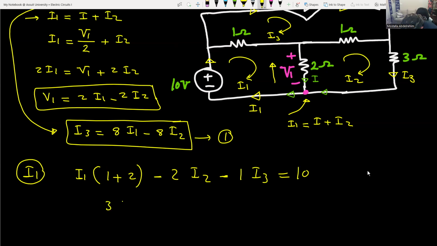So 3I1 minus 2I2 minus I3. 1 multiplied by I3 is I3. Let's remove I3 and put its value, 8I1 minus 8I2. Remember, there is a minus before that, so it will be minus 8I1 but plus 8I2, because minus is plus, equal to 10.